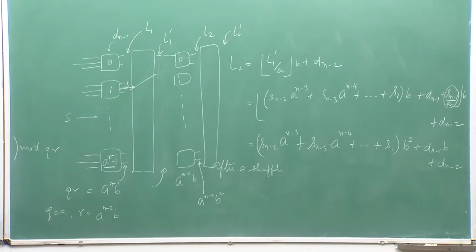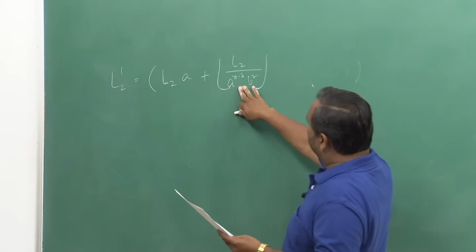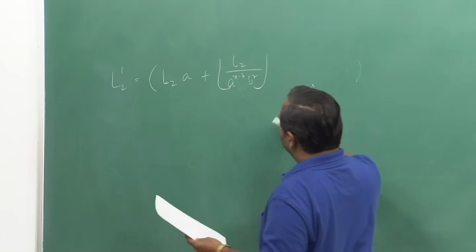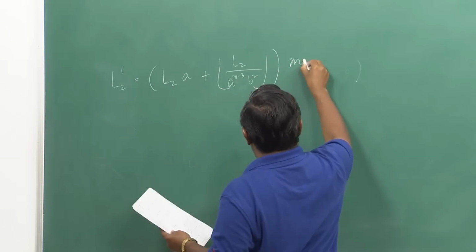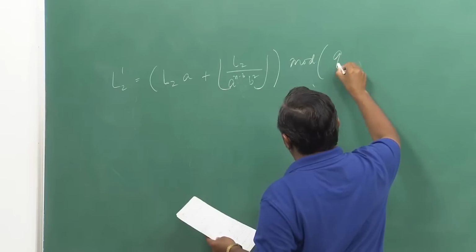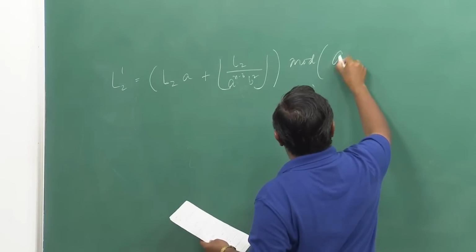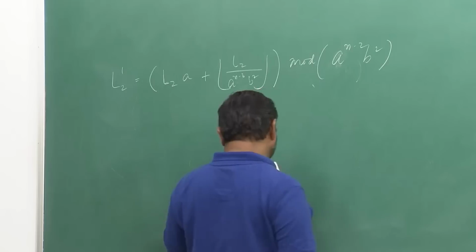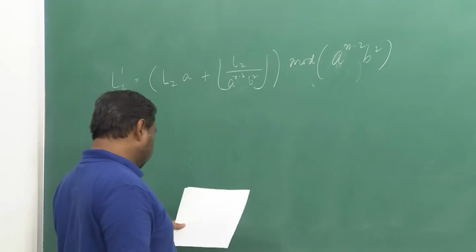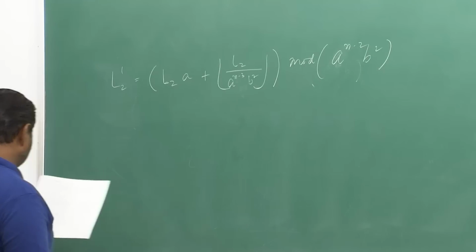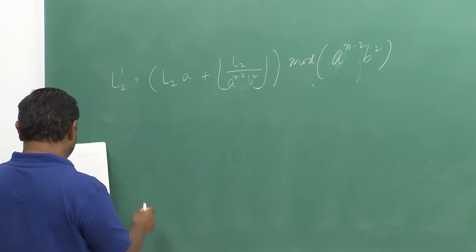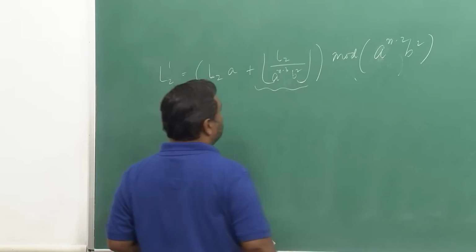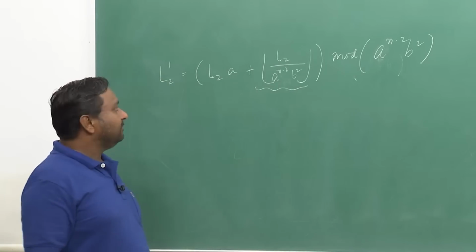So, we actually have used that QR divided by A. So, n minus 3, and this has to be then modulo operated over A raised power n minus 2 b square, that is a QR. Okay. So, we can actually do the similar exercise. Now let us look at this particular factor as usual as we did last time.